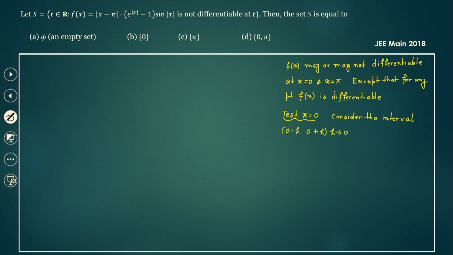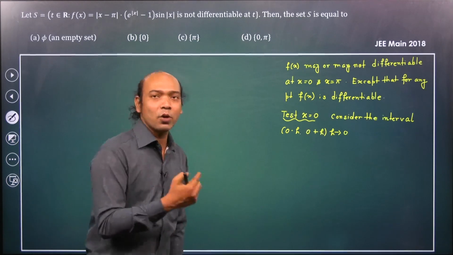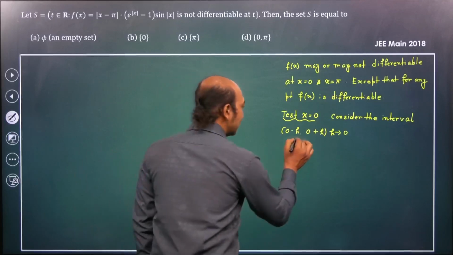So actually we are trying to calculate the right and left derivative in that interval, right? So here there are two possibilities: one is x greater than 0 and the other is x less than 0.